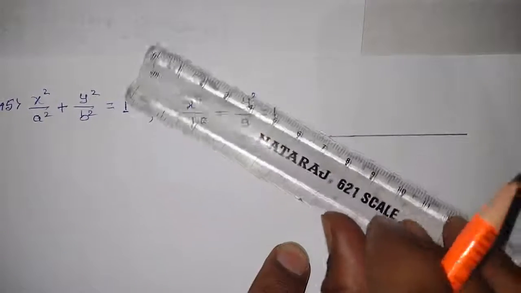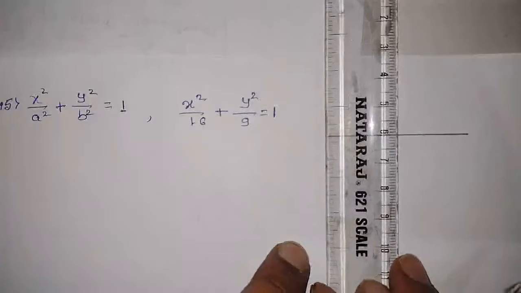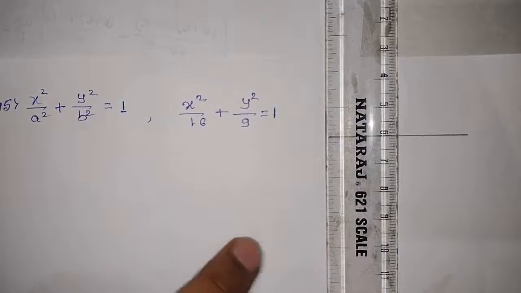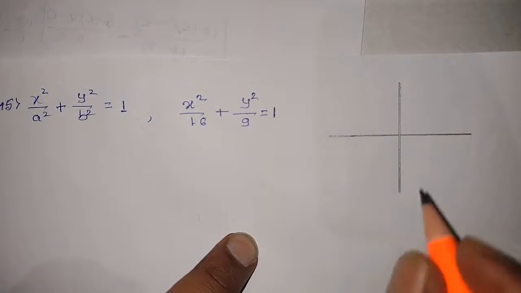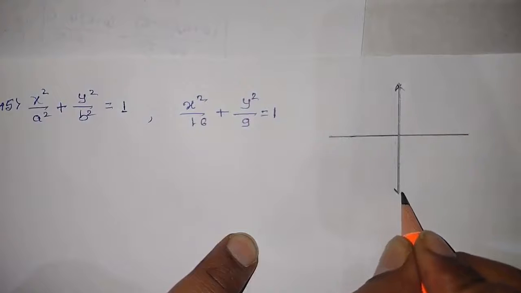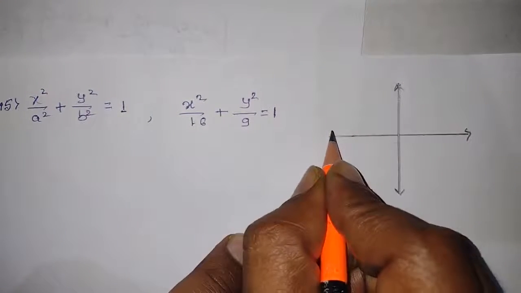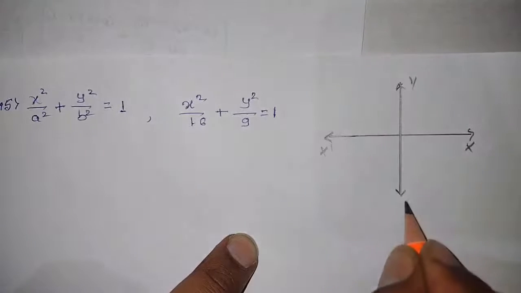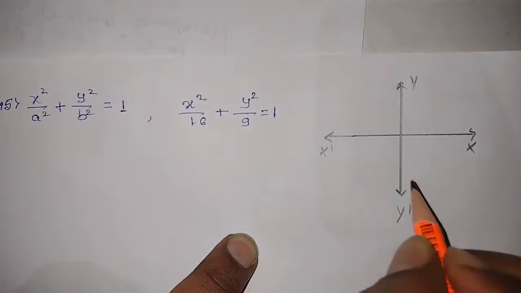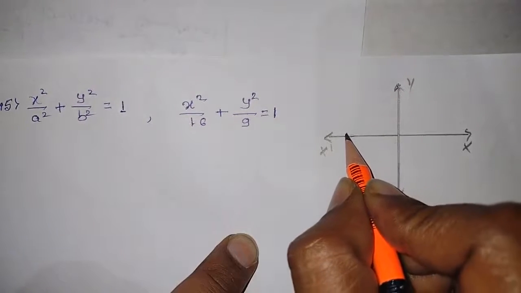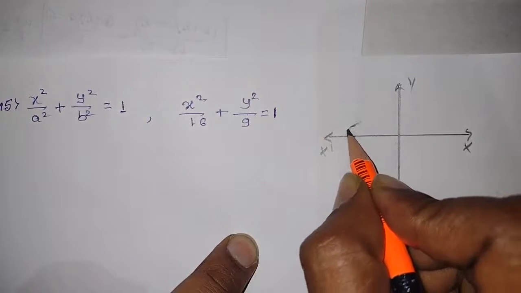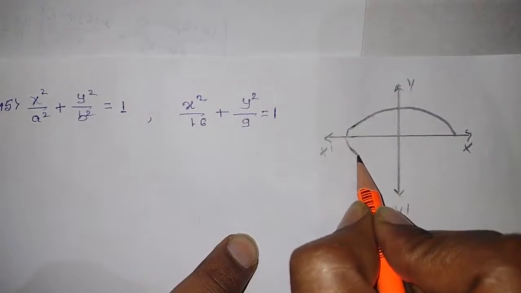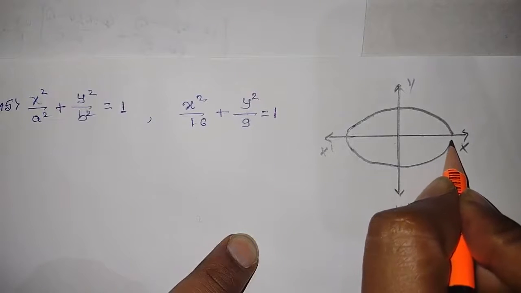Consider a plane containing both x and y axis, and the major axis is along x axis, means in the x axis we take the highest length, and in the y axis we take the minimum length. So this is the ellipse diagram.